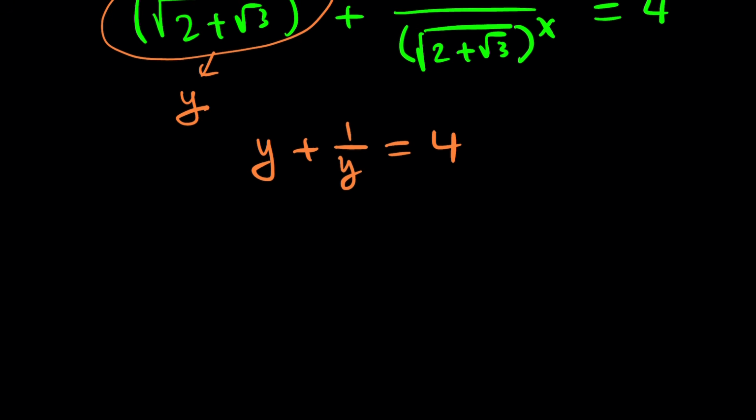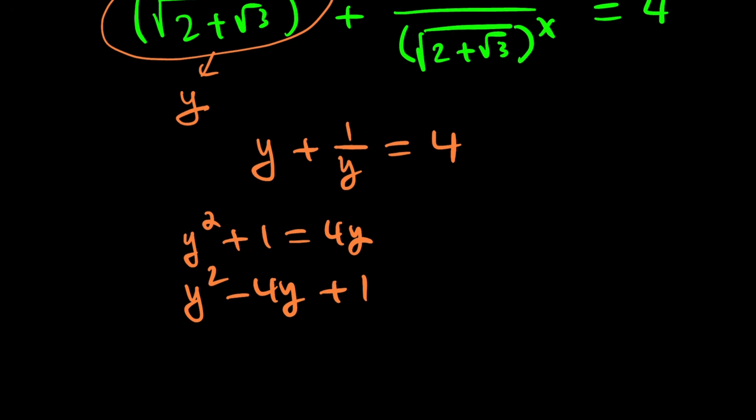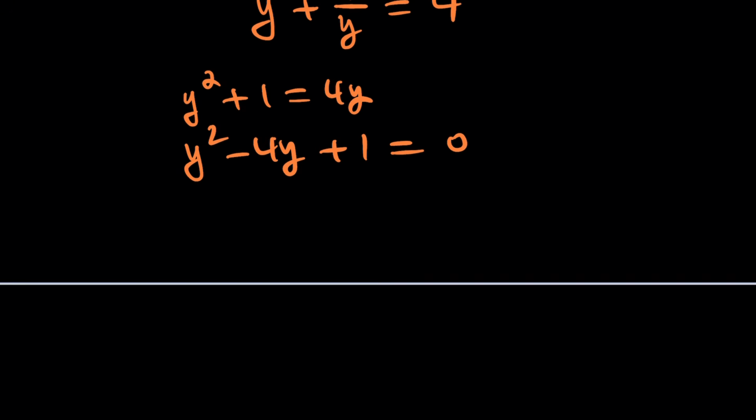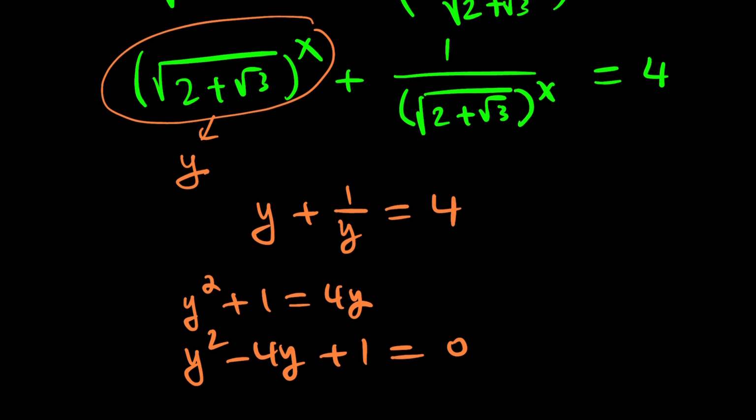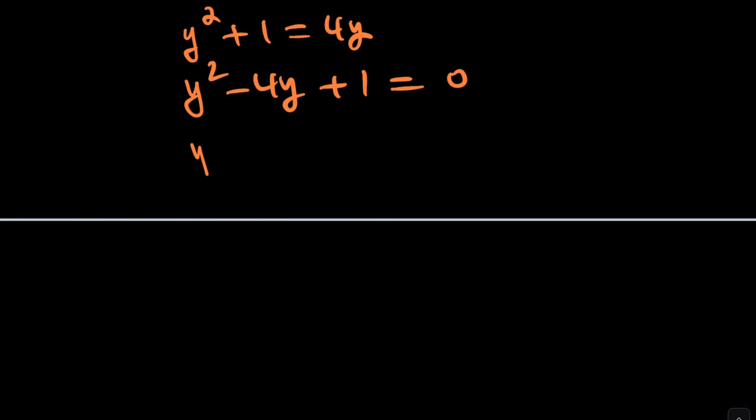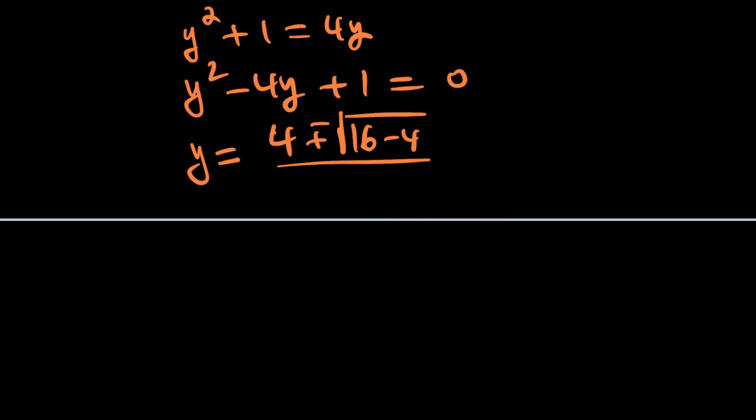But anyways, let's go ahead and multiply by y, and then put the 4y on the left-hand side and solve this quadratic equation. This quadratic equation is critical because it's going to give us an idea about the value of x, right? So from the quadratic formula, negative b plus minus the square root of b squared minus 4ac, which is minus 4, divided by 2.